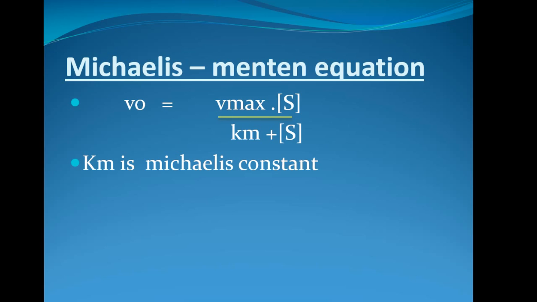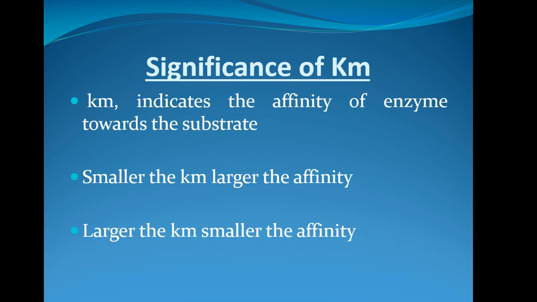Here V0 is the initial velocity, Vmax is the maximum velocity of the reaction, S in square brackets is the concentration of the substrate, and Km is called the Michaelis-Menten constant or Michaelis constant.